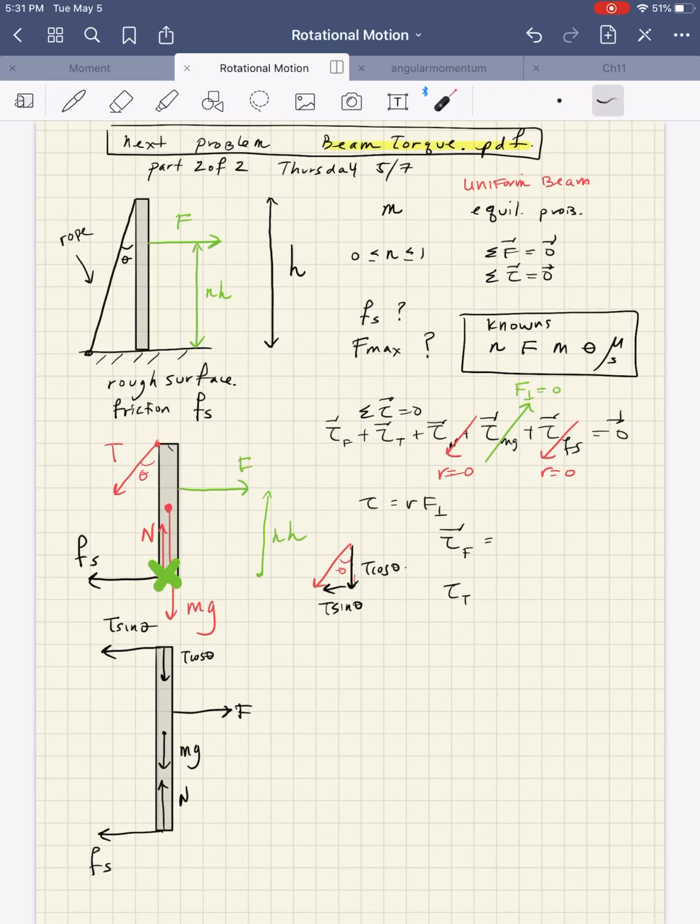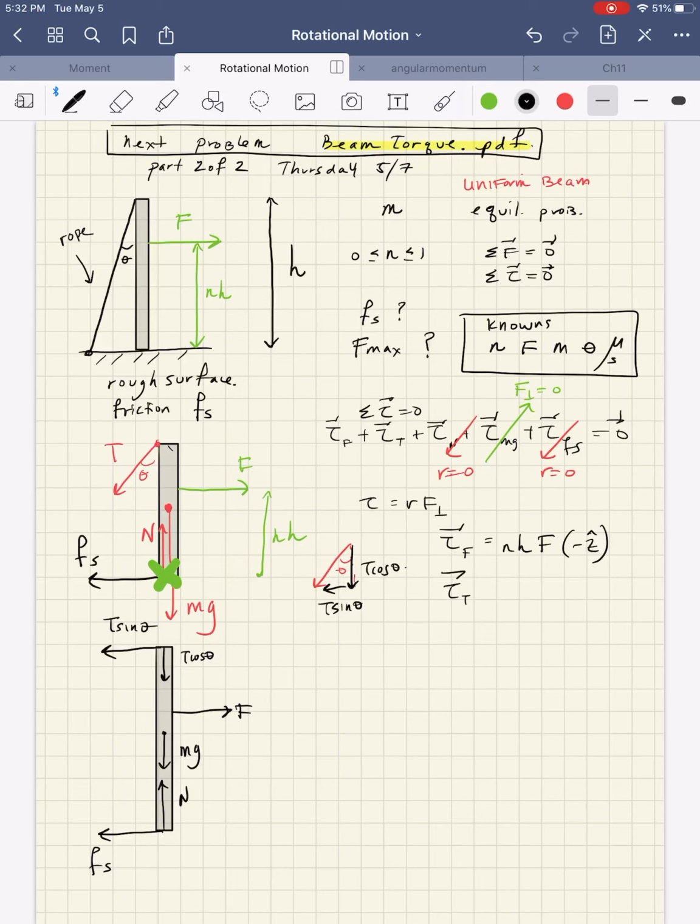For force F, I need the value of its r vector, and that's just going to be this height, h. And all of F is perpendicular. With the choice of axis of rotation that I've chosen, this is going to create a clockwise rotation, so that's in the minus z hat.